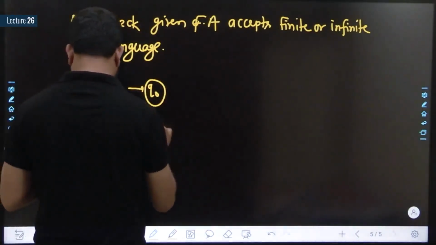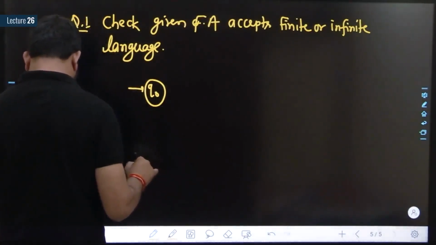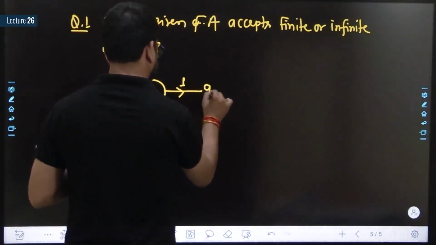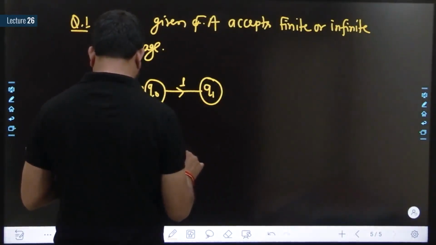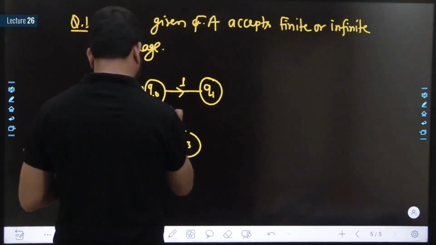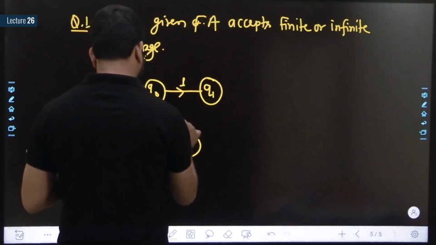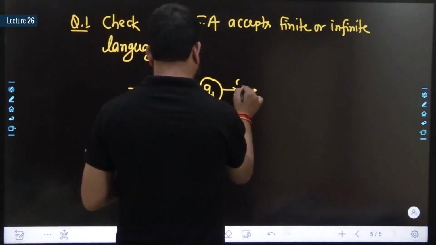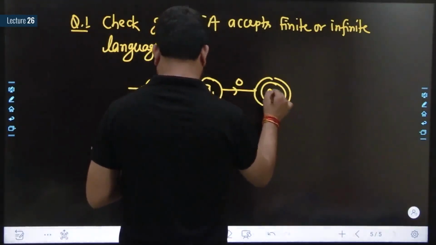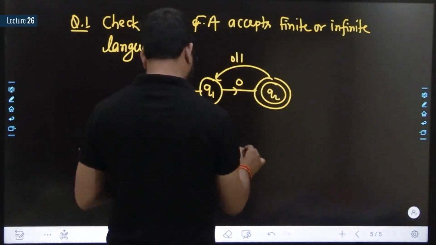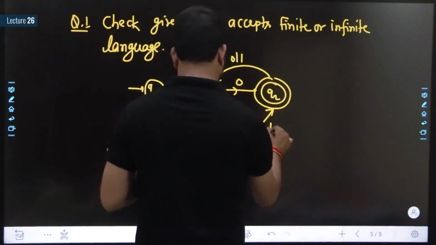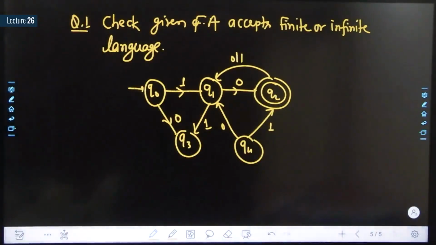Q naught, Q1, Q3, Q2, 01, Q4, 01. Check whether the given finite automata accept finite language or infinite language.